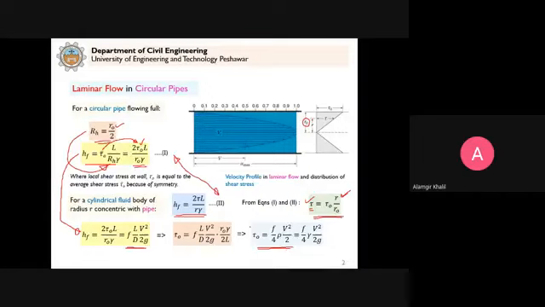This is to calculate the shear stress at the pipe wall. And once you calculate this shear stress, you can put it here to calculate the shear stress at any distance r. Now this equation can be used for laminar flow and for turbulent flow both. Clear?